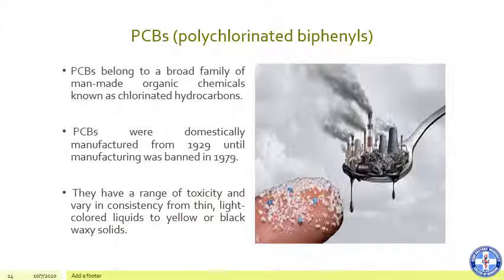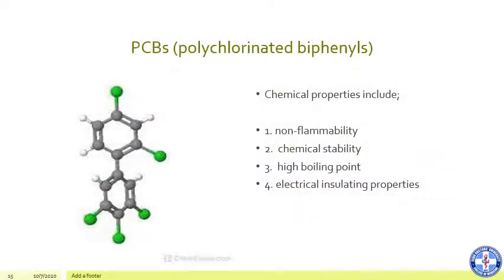They have a range of toxicity and vary in consistency from thin, light-colored liquid to yellow or black waxy solids. Its chemical properties include non-flammability, chemical stability, high boiling point, and electric insulating properties.